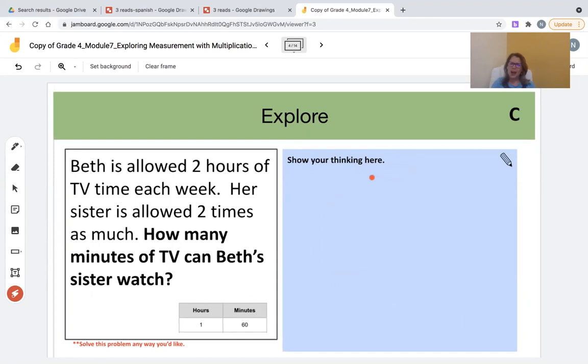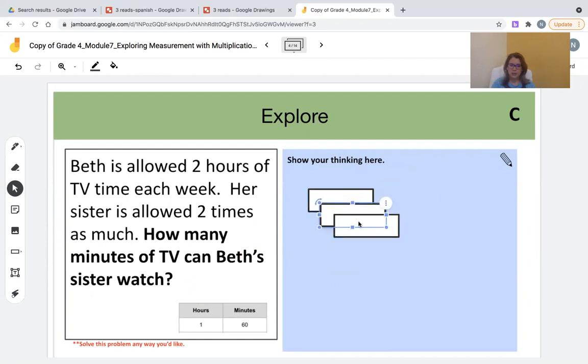Let me show you how I use the conversion table to solve a multiplicative word problem. Well, in the previous slide, I used a tape diagram to represent Beth and her sister.